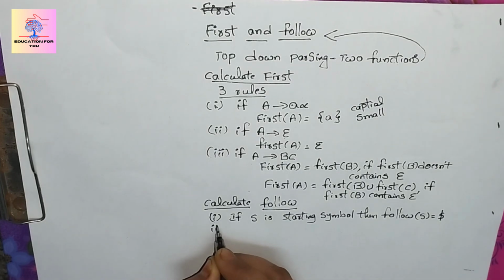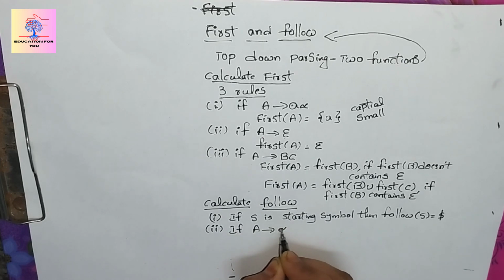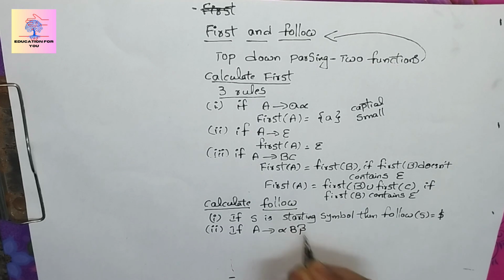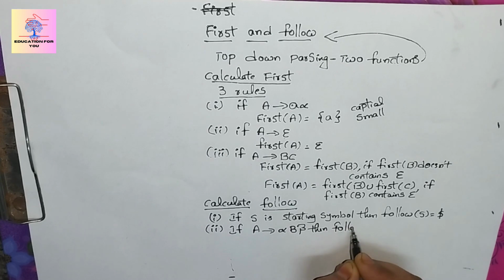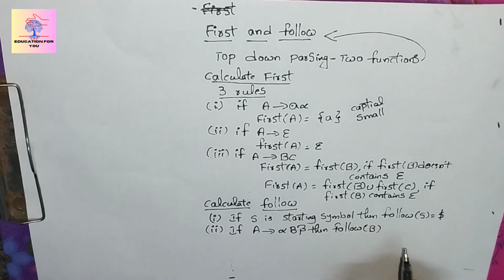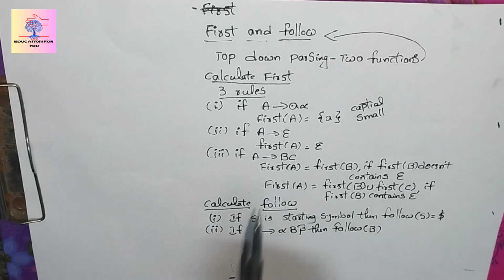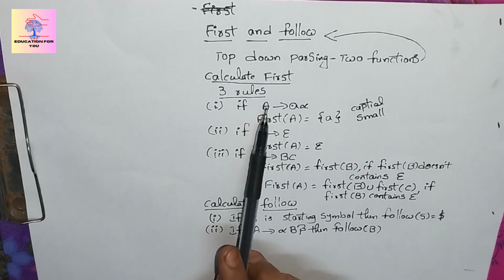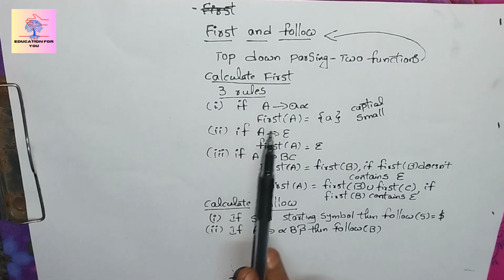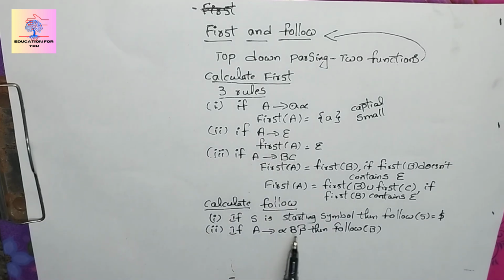Next, the second rule: if A produces alpha B beta, then follow of B. Remember that to calculate first, we look at left hand side non-terminals, but in follow, for right hand side non-terminals, we calculate the follow. That is the difference between first and follow.